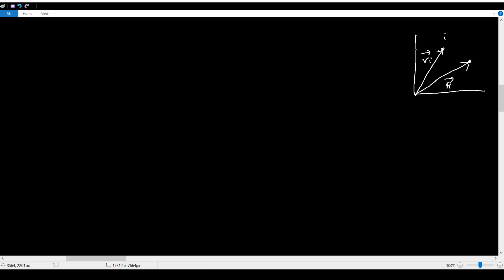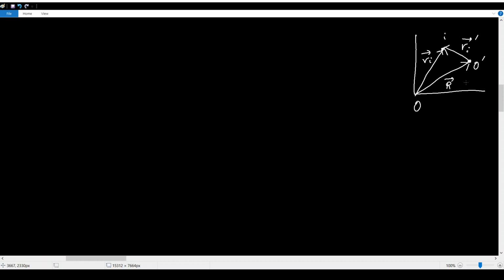So this is the center of mass, this is the position of the particle i, and let us now consider a different coordinate system, a coordinate system in which the center of mass is the origin. So in that coordinate system, the position vector of the particle i would be like this, and let's call that Ri prime. So this is a prime coordinate system, and this is the original one we had. This is origin O, this is origin O prime in the new coordinate system.